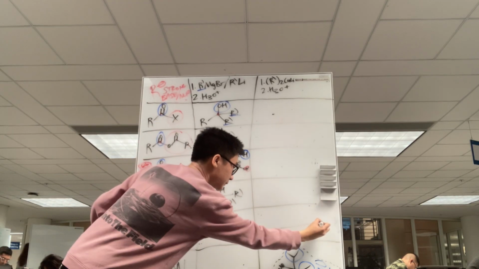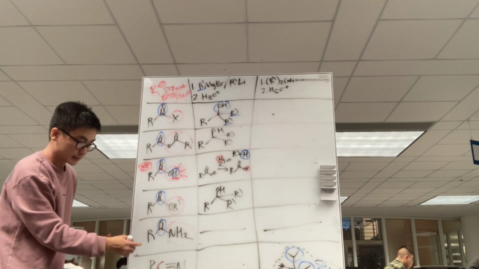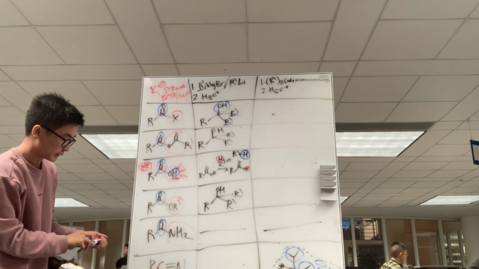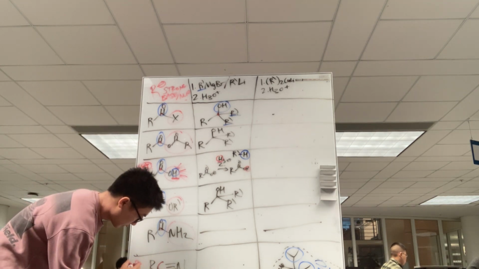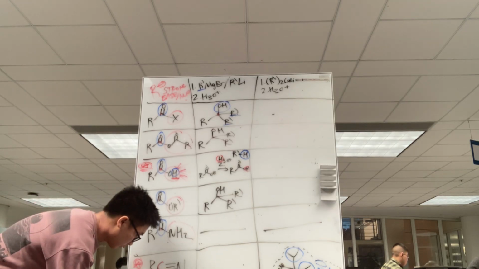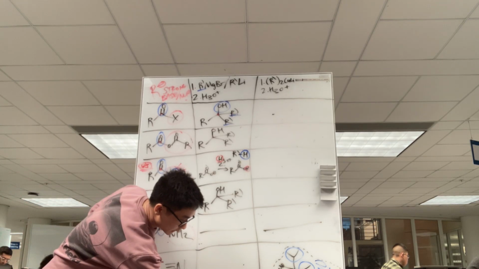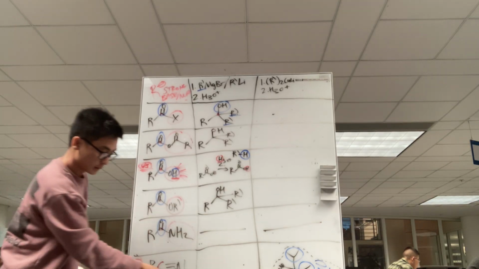Amide we won't worry about. Out of the scope of 118C and 8B. Nitrile is tricky. We only do it one time. One time. And when we do it one time, we end at the ketone. Right?